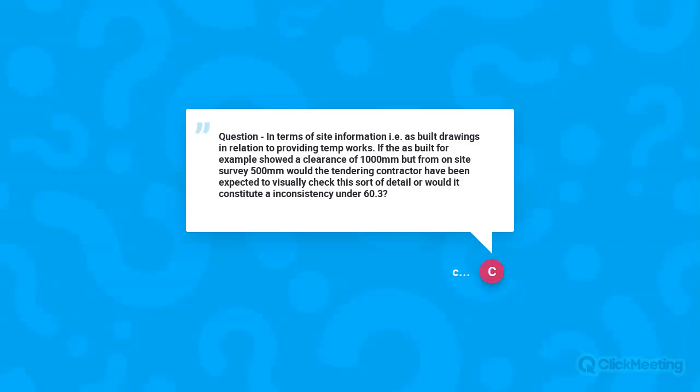Hi, Chris. So in terms of the site information, i.e. as-built drawings, if the as-built differs from an on-site survey, right, okay, so you're doing work to an existing structure.